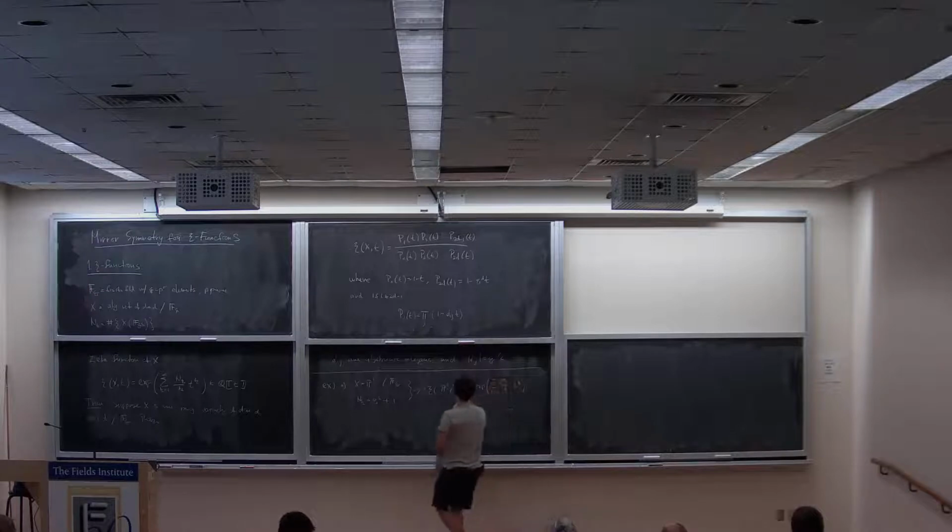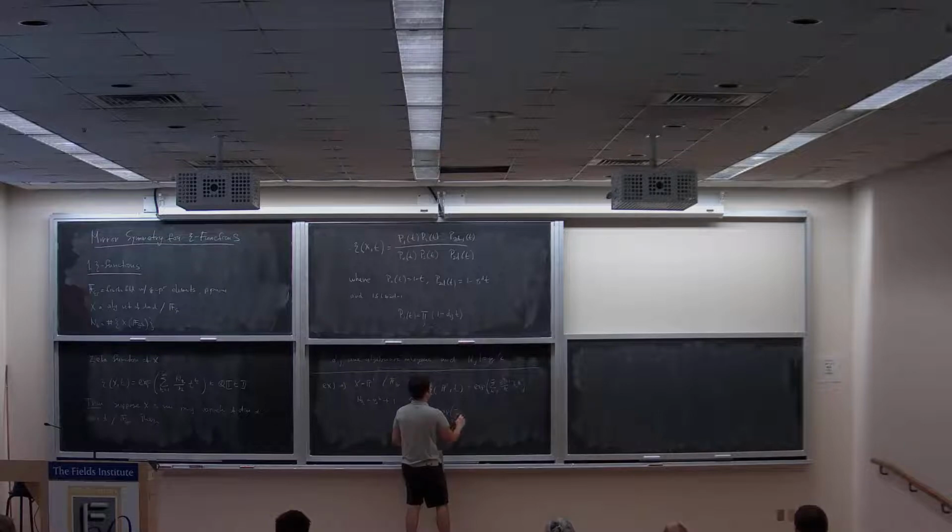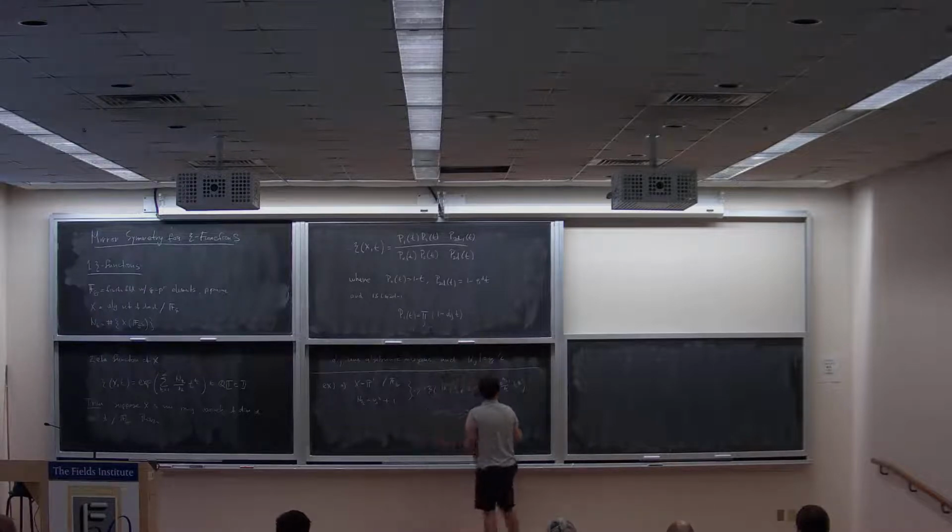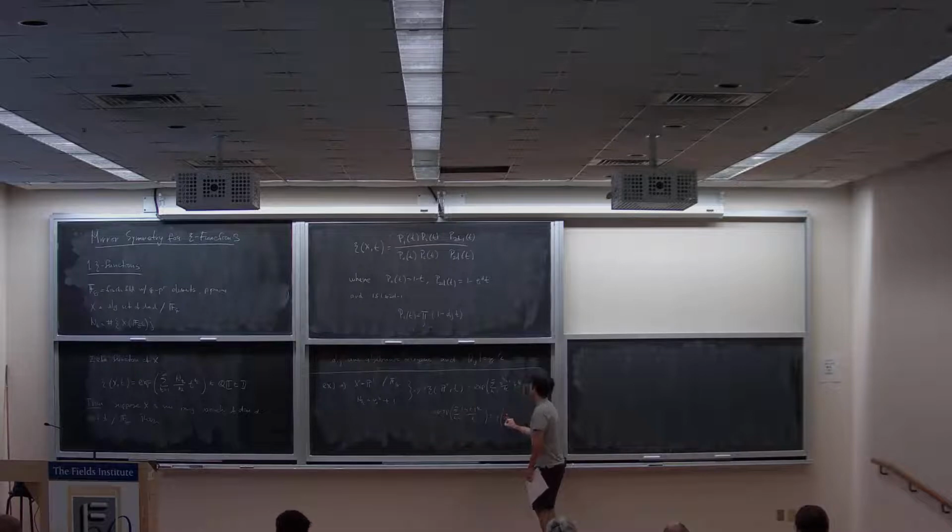And so I can rewrite this as the exponential of the sum, k from 1 to infinity, of (qt)^k divided by k, times the exponential of the sum over k from 1 to infinity of t^k over k. Okay?